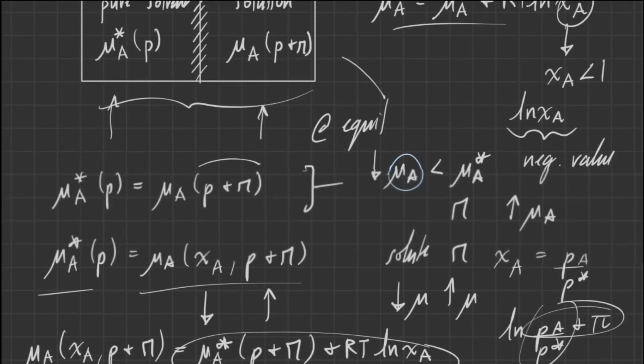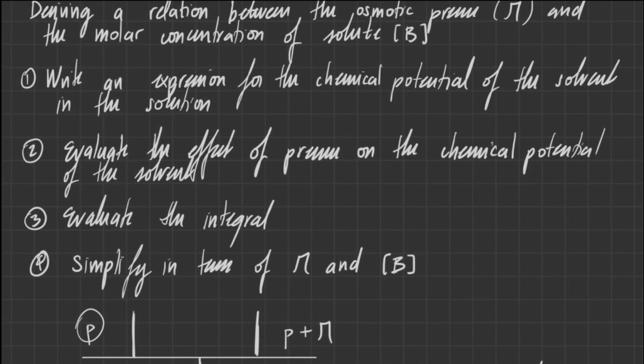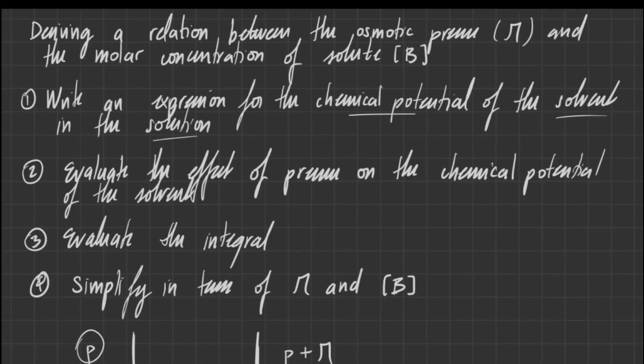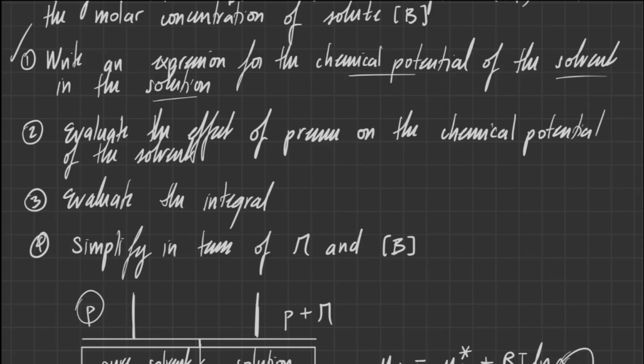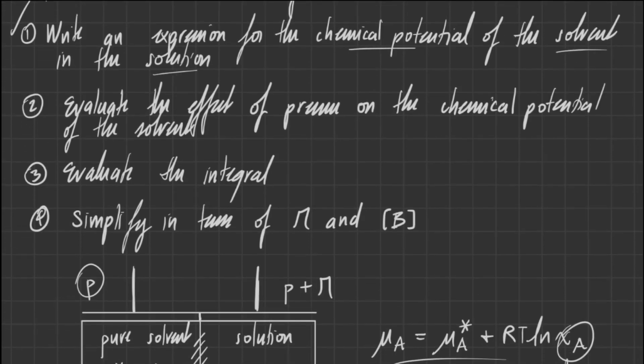Alright, so that's step 1. We've written an equation that relates the chemical potential of the solvent in the solution. Step 2 is to evaluate the effect of pressure on the chemical potential of the solvent.